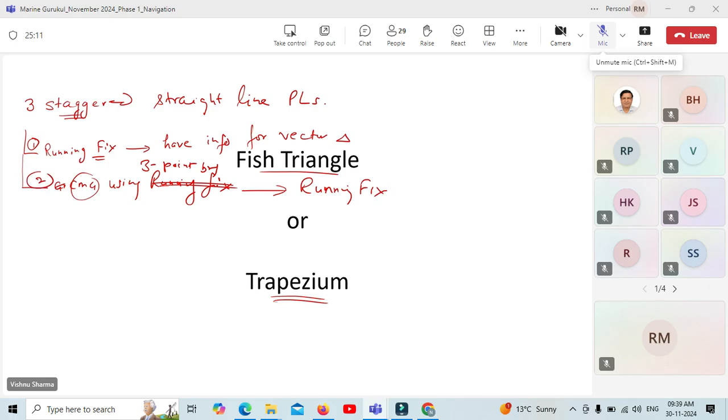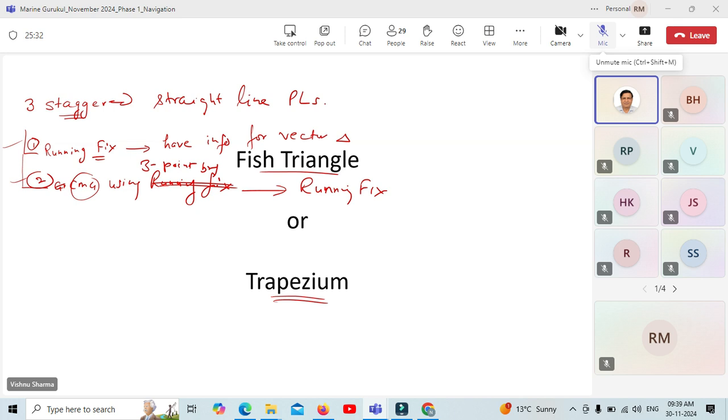So when you have three staggered PLs, you will see whether you can do it by running fix. If you're not able to because you don't have information, then you'll see if you can get additional information of CMG and close it out by 3-point bearing. If you can, please do so.